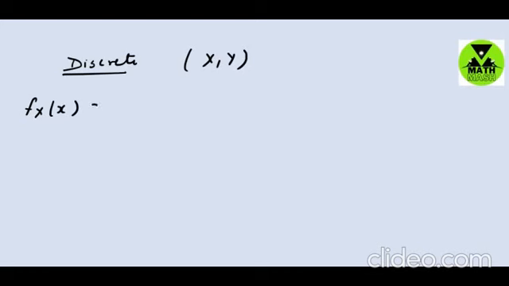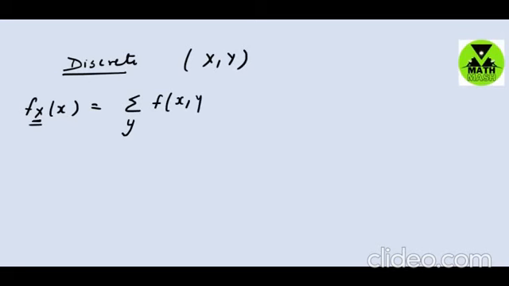In the case of discrete random variables x and y, for f_X(x) we always use summation. Whenever we are finding the marginal density of x, take the sum over all the values of y. And what is the joint probability function?